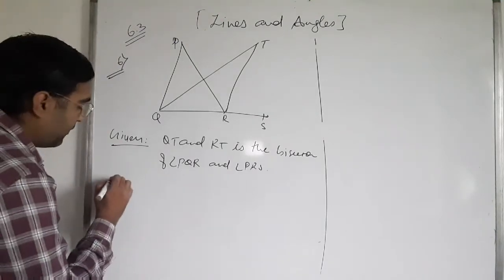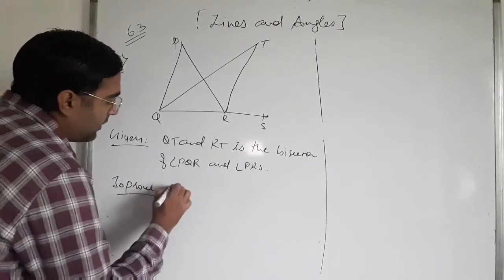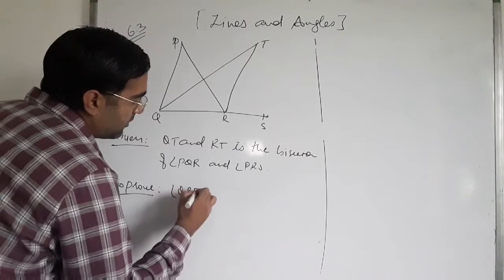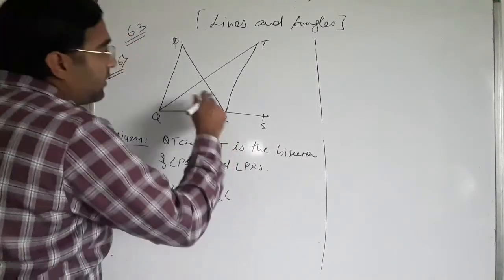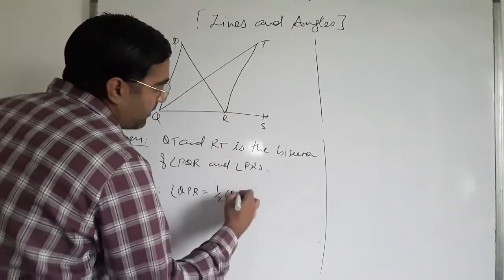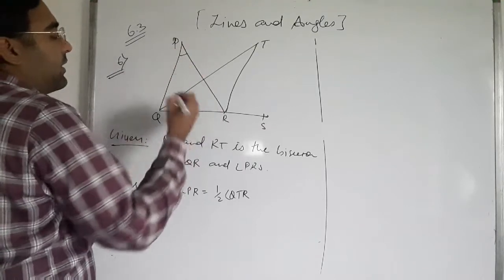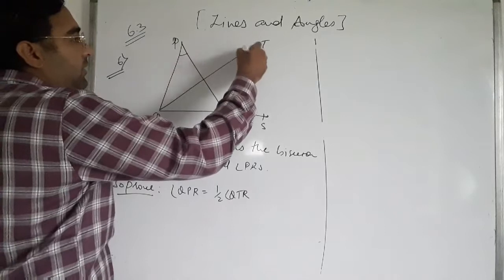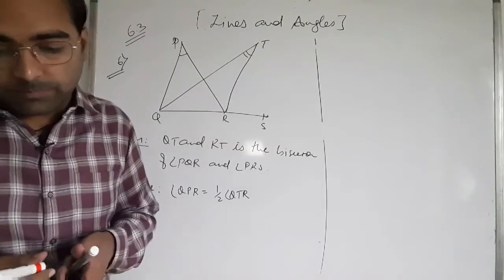So we need to prove that angle QPR, this angle, is equal to half of angle QTR, this angle. Clear?